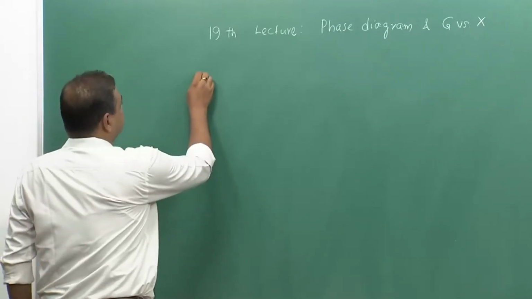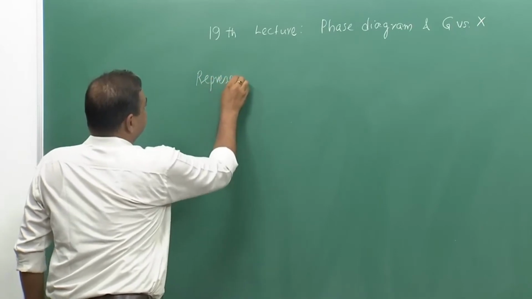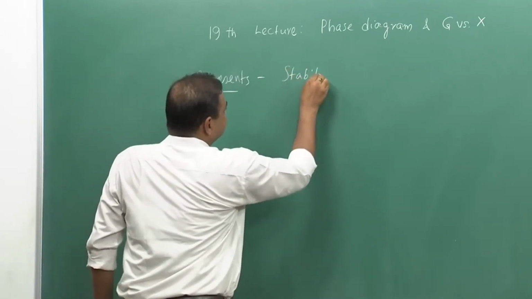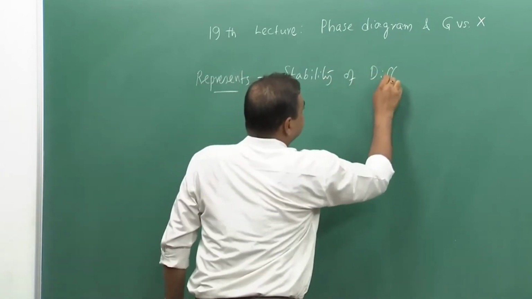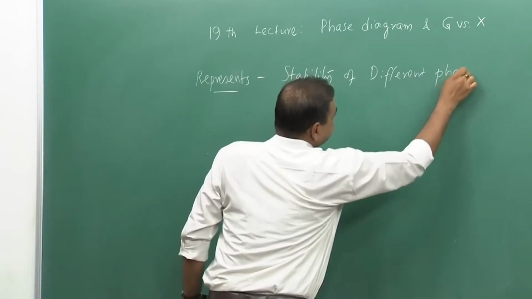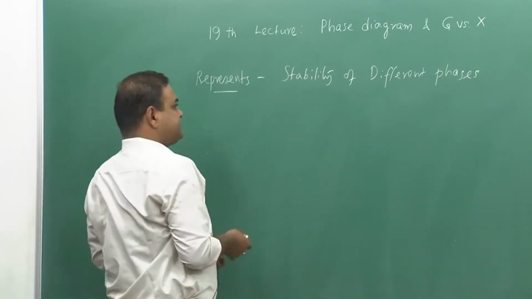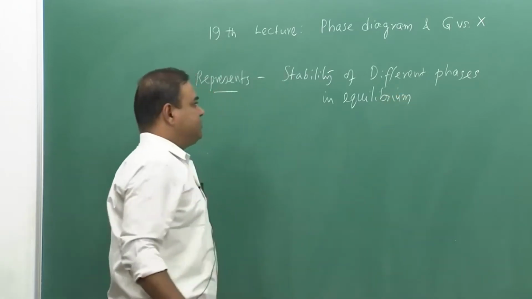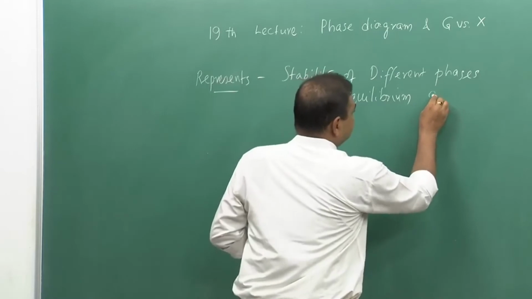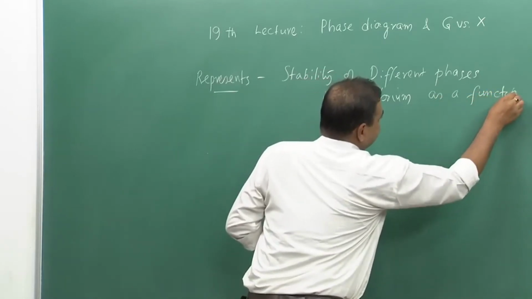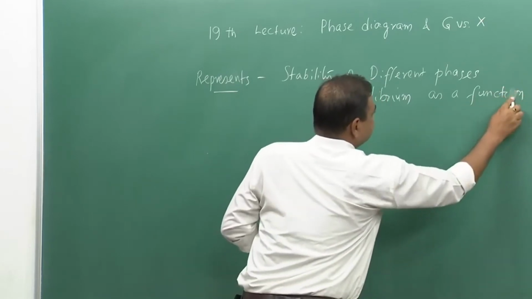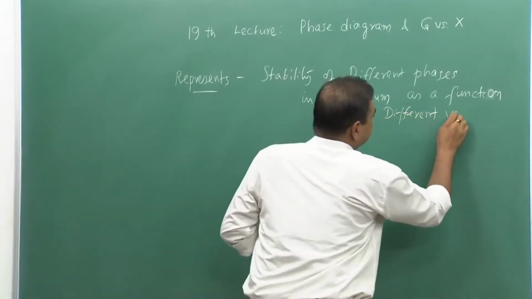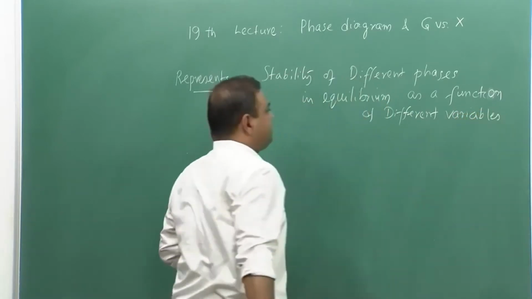So, the phase diagram represents stability of different phases of a system, of course, of a system in equilibrium, as a function of different variables.